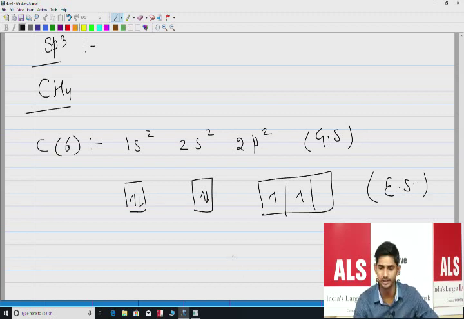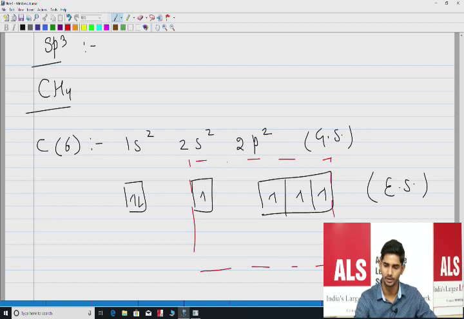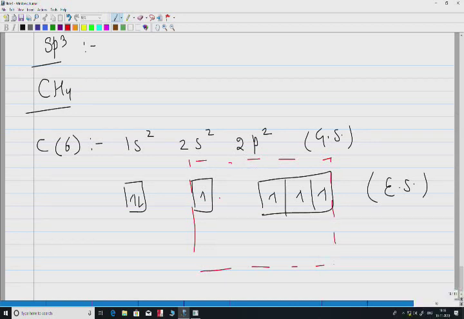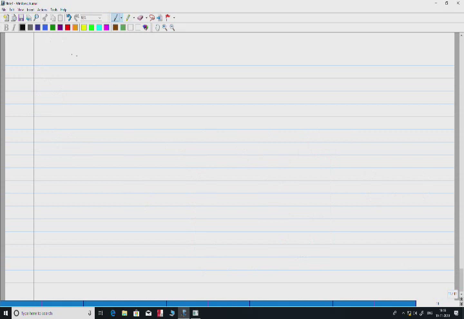So to draw the excited state, I'll make the paired electrons unpaired. One electron from 2s will be shifted to the 2p. Now you can check very clearly. Here, the four orbitals are half filled. They all will participate in the bond formation: S, Px, Py, and Pz. That's why this is known as sp3.